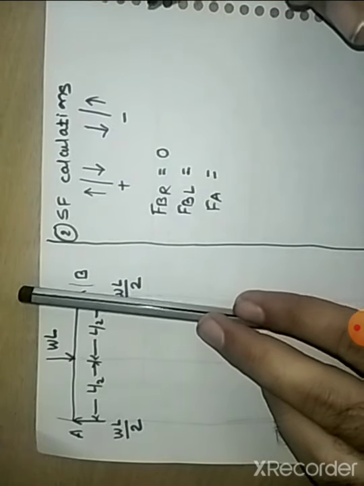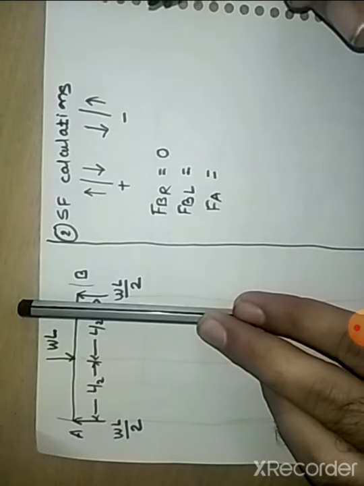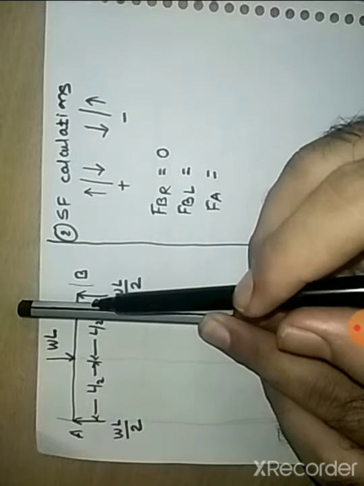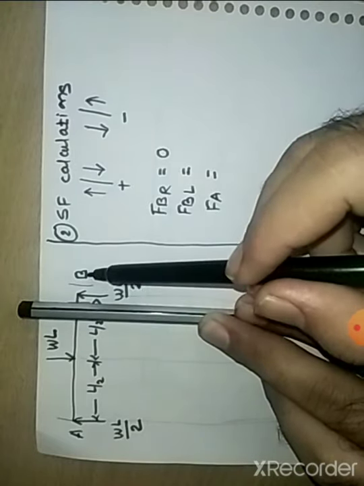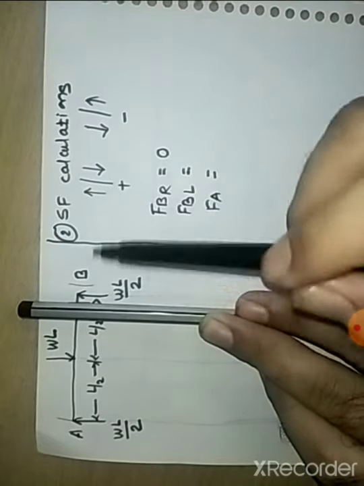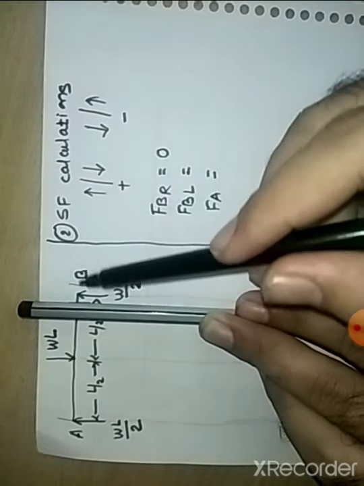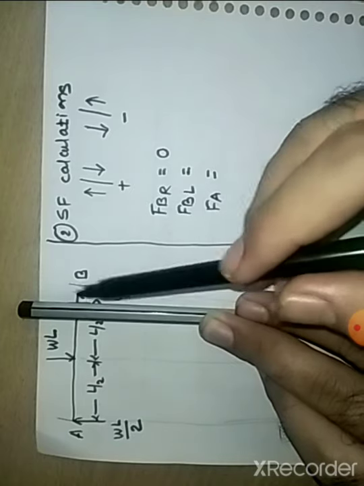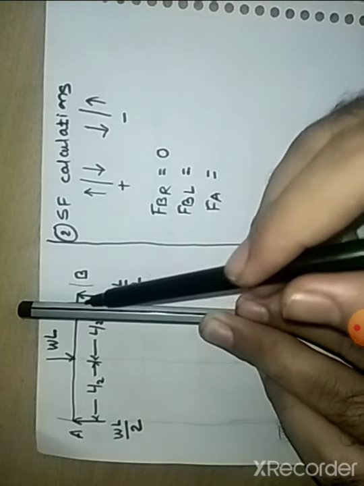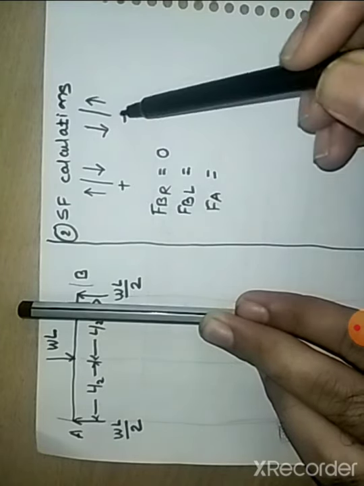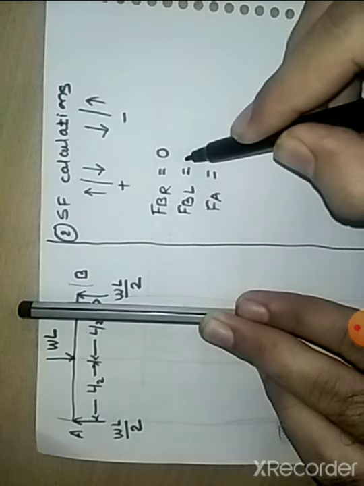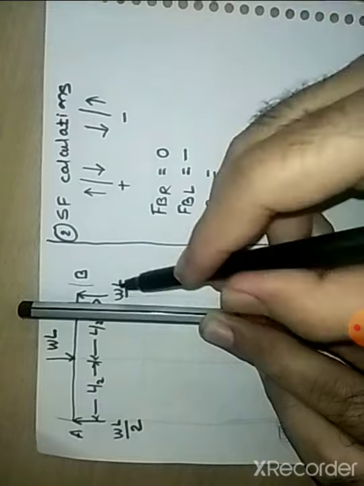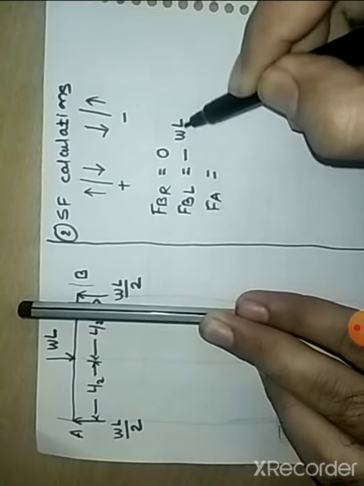FBL means force at just the left side of B. When looking at the right side, there will be one force WL by 2, but it is upward. So right side upward, sign taken as negative. Right side upward, and what is the magnitude? WL by 2.